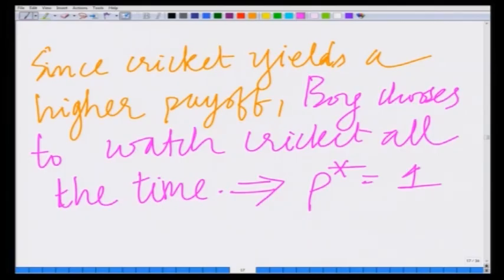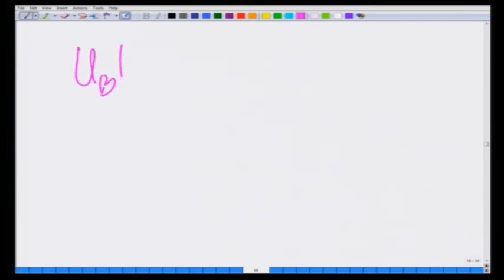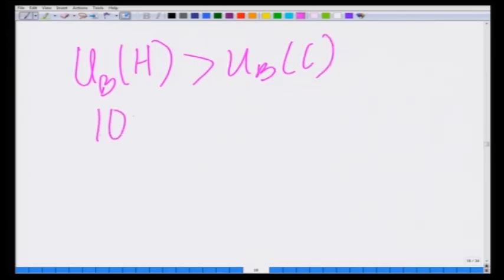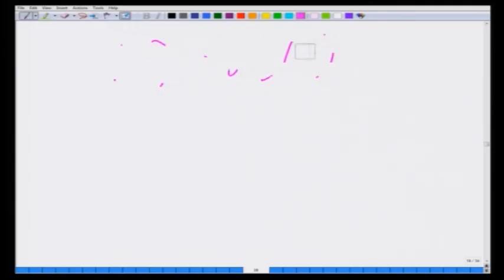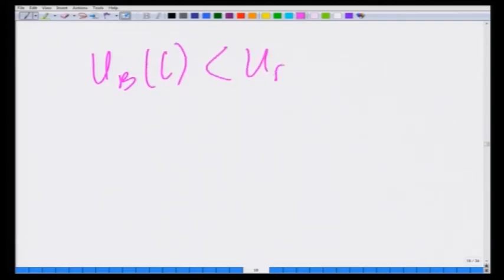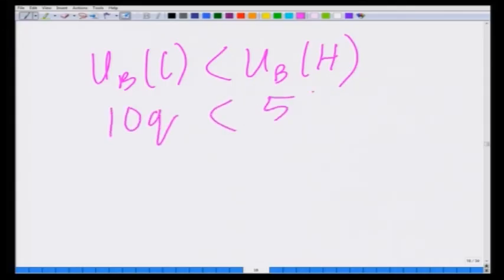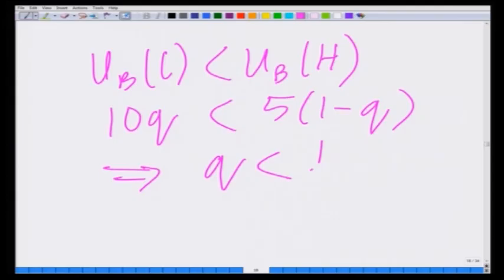On the other hand, if the payoff from the Harry Potter movie U B of h is strictly greater than the payoff from cricket, that is to say that 10 q is strictly less than 5 times 1 minus q, which implies q is strictly less than 1 by 3.